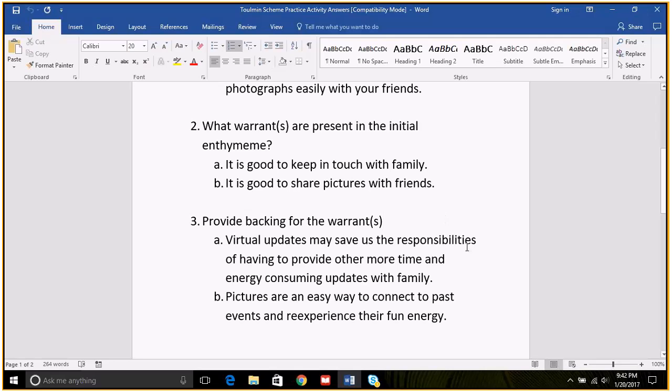Some students get distracted and go far too long trying to back a warrant. Do it quick, do it well, and move on. So here's one potential backing I have. If I have an audience that I am worried won't think it's a good thing to keep in touch with family, I can say: hey, virtual updates can save you the responsibilities of having to provide other, more time and energy consuming updates with family.